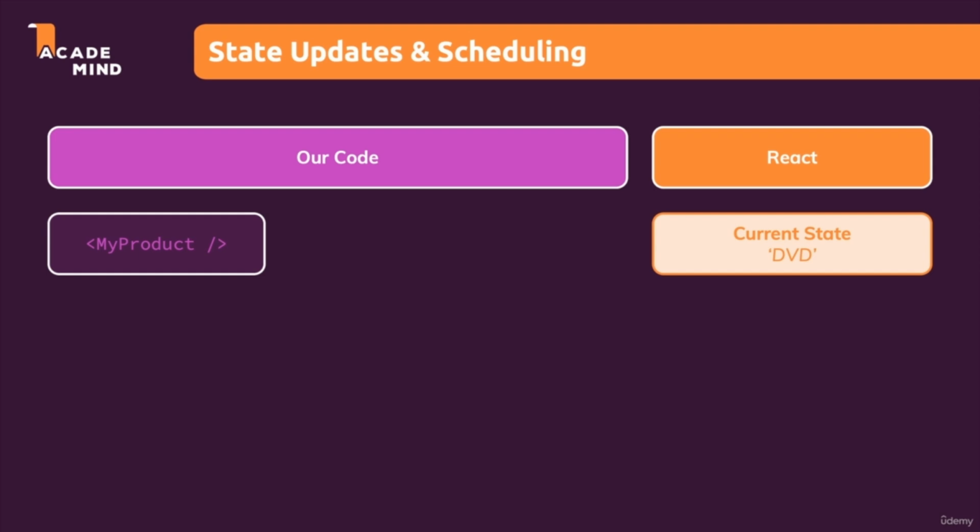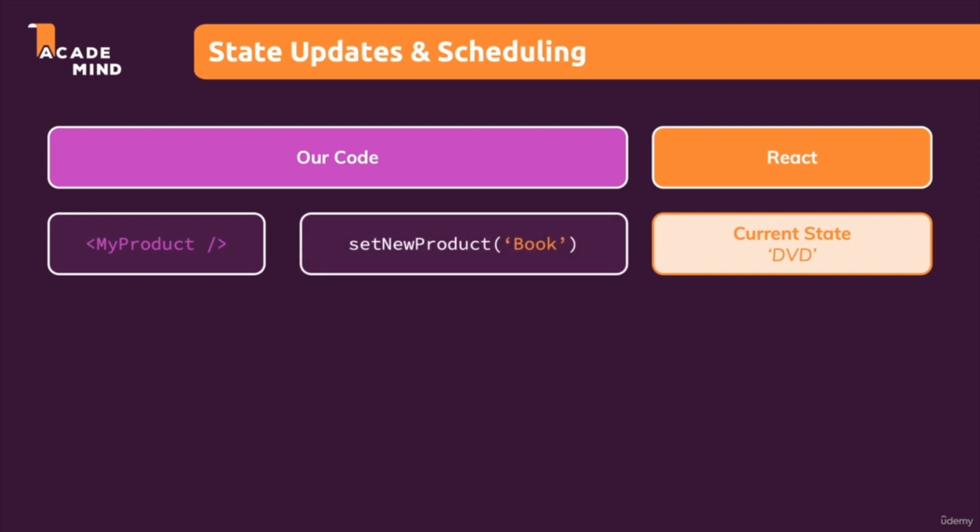Now eventually, because a user clicked a button or whatever, in that component we update that state. For example, with setNewProduct, that could be our state updating function returned by the useState hook, and we set the new product to book. So from DVD to book. Now what happens with that is not that DVD is instantly replaced after setNewProduct finishes execution.